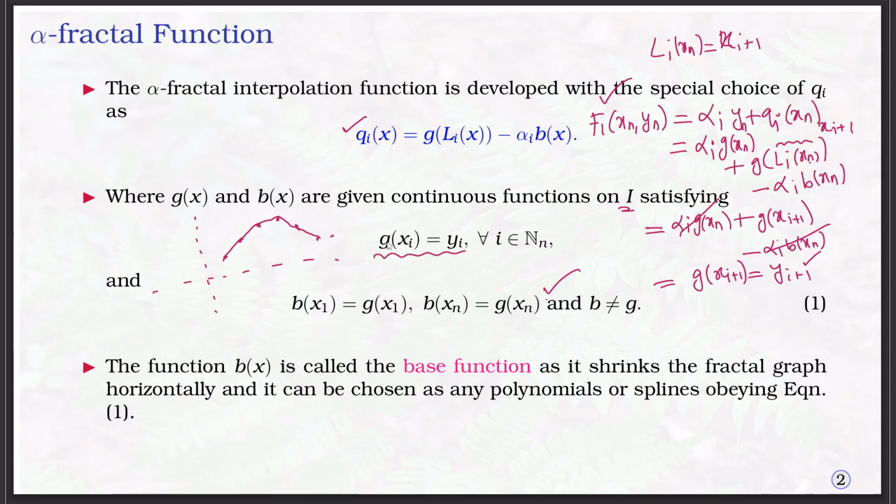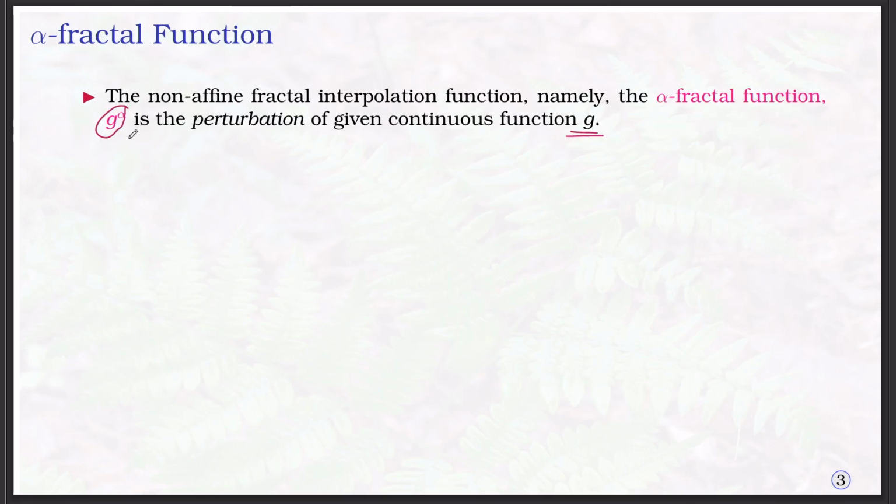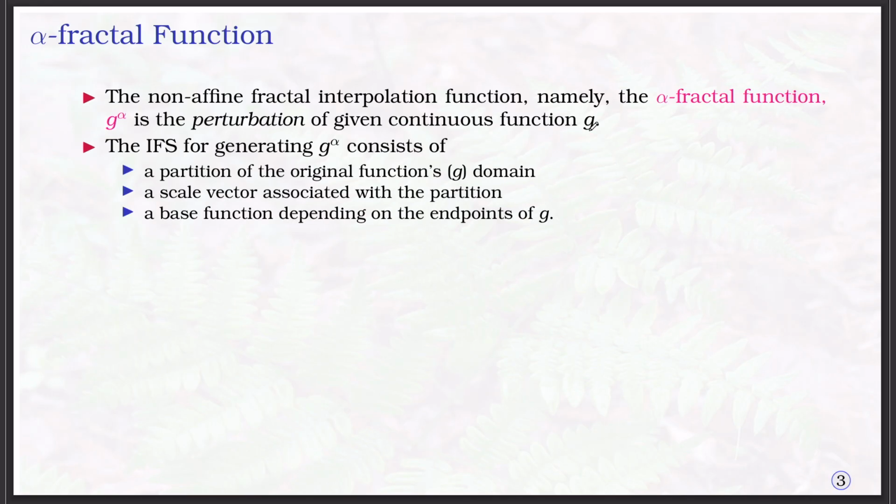Now, based on this g, we form the qi function like this one, then we obtain the fractal interpolation by using this iterated function system. Therefore, the fractal interpolation function g alpha is the perturbation of the given continuous function g. Then the IFS for generating g alpha consists of three major things.